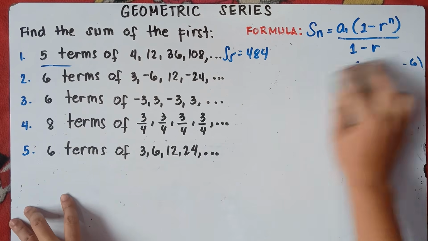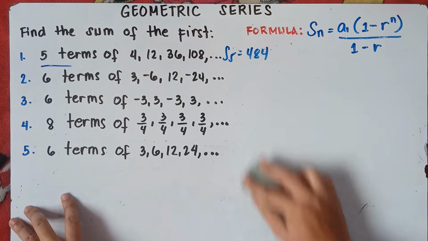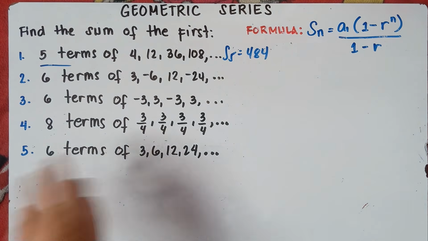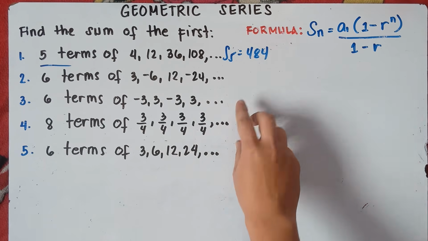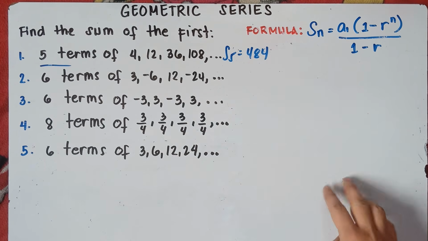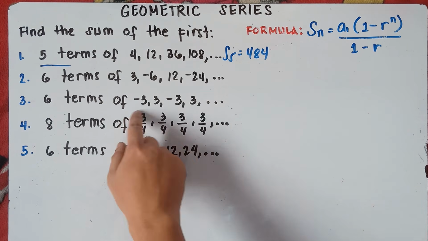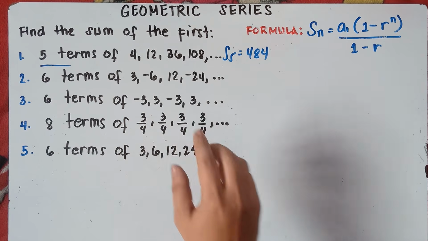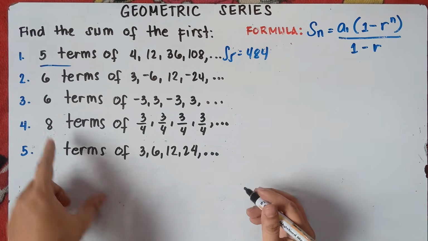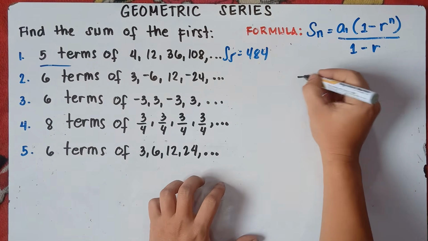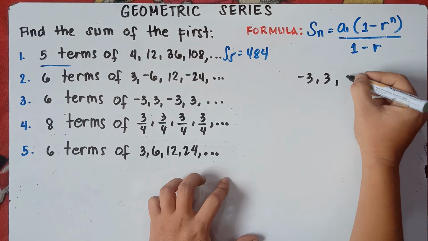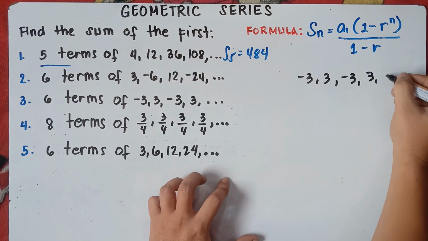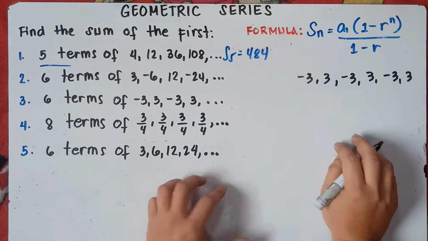For number 3 and for number 4, the teacher will give you this kind of example. You don't need to use the formula because you can simply look at this one and get the sum. Example number 3: negative 3, 3, negative 3, 3, negative 3, 3. So once again, you're referring to the sum.